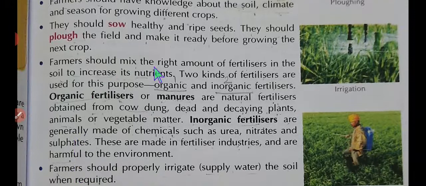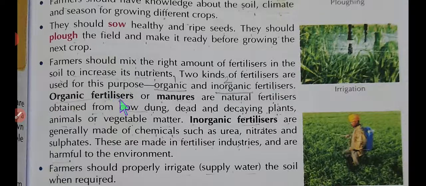Farmers should mix the right amount of fertilizers in the soil to increase its nutrients. Two kinds of fertilizers are used for this purpose. One is organic and another one is inorganic fertilizers.